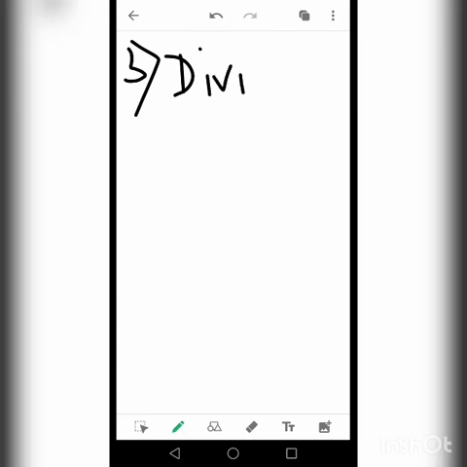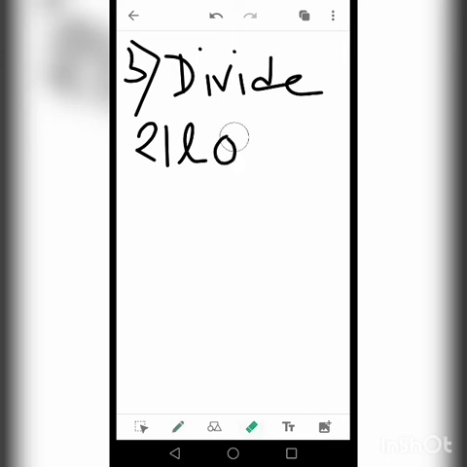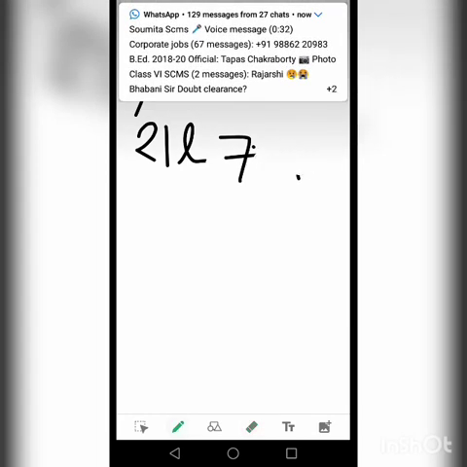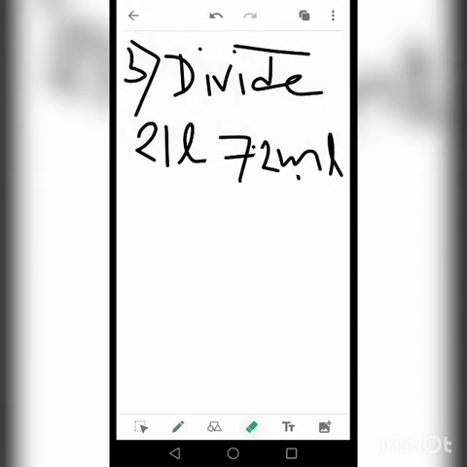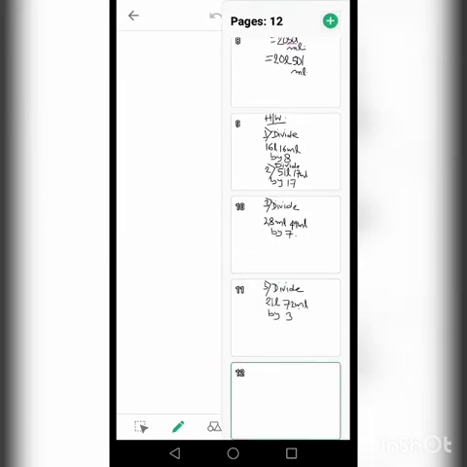Now moving to the last sum of today's session. Divide. Suppose a very long sum has been given: 21 liter 72 ml by 3. Now you have to divide this sum. So in order to find its answer, you move to the next board.